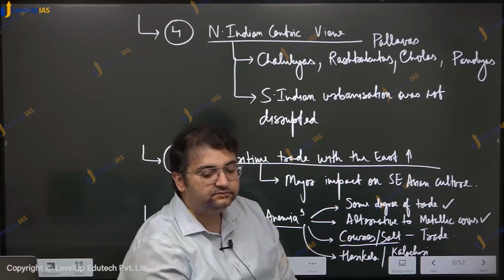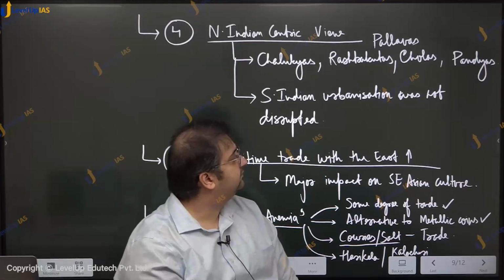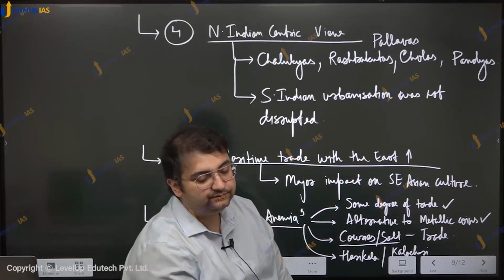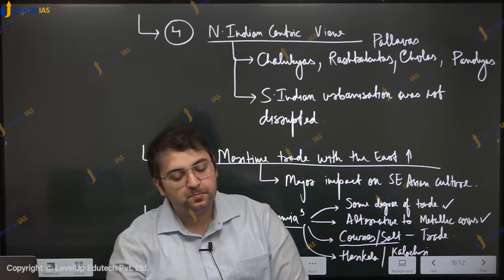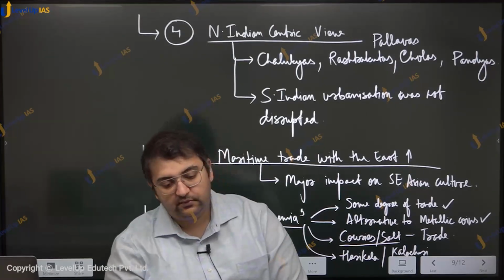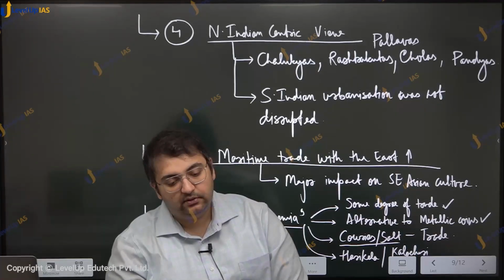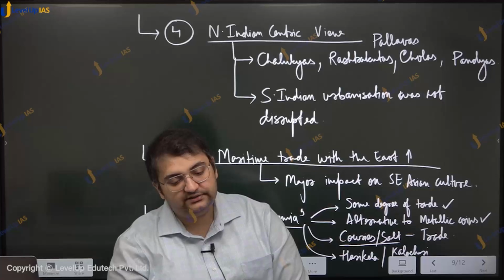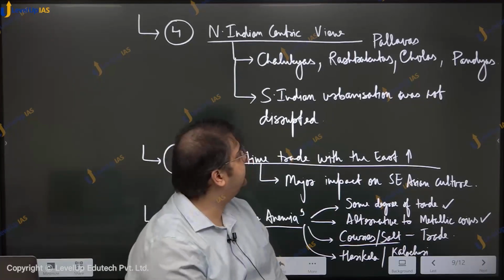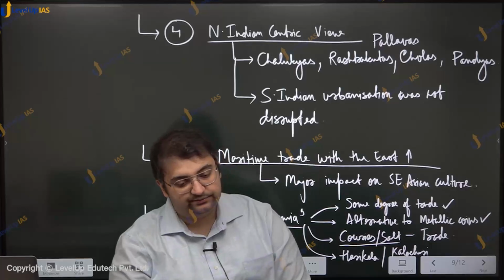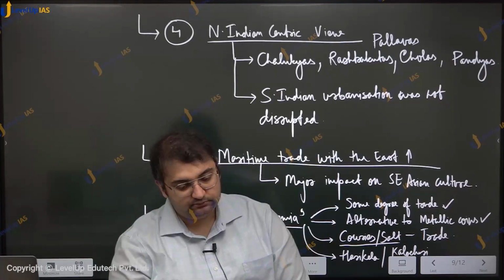South of the Vindhyas, urbanization continued to flourish in full swing, under the stewardship of the Pallavas, Chalukyas, Rashtrakutas, Pandyas, and Cholas. ठीक है.